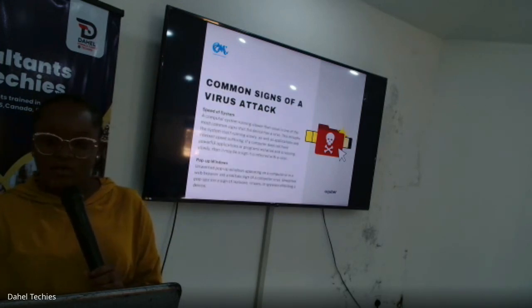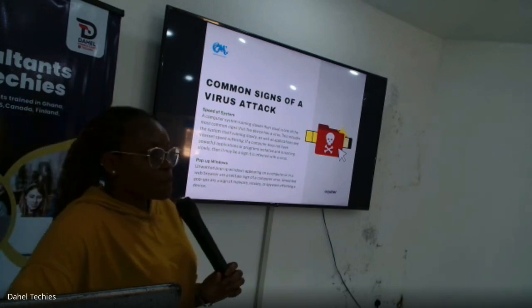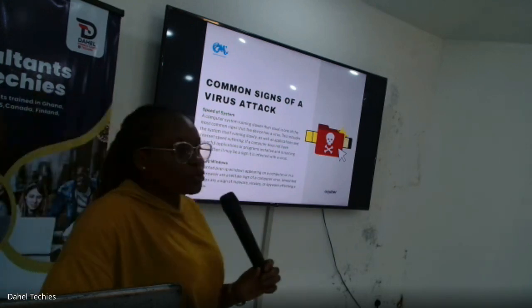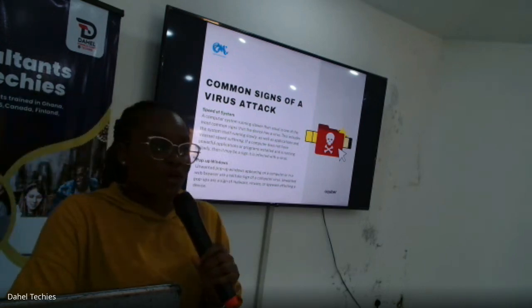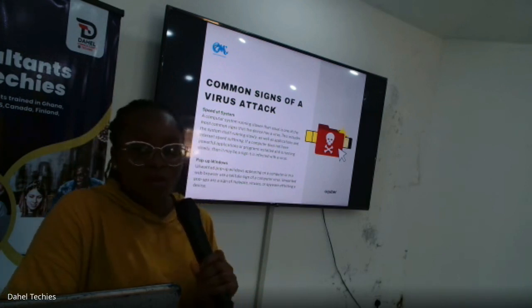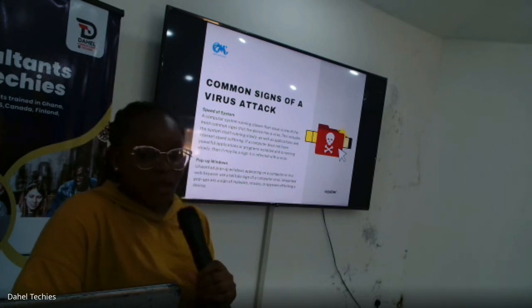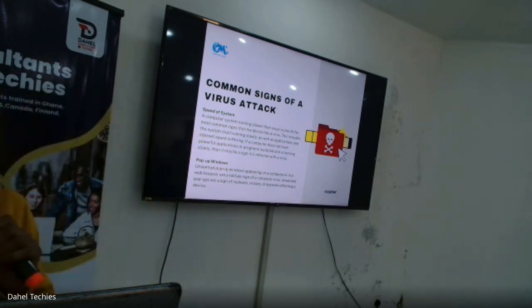Then the next one is the common signs of a virus attack. So for anybody who does not know, is my system actually going through a virus attack? Let's say later in the future you're helping somebody to identify what is wrong with their computer, because they will come and say, your cybersecurity, my laptop this, my laptop that.